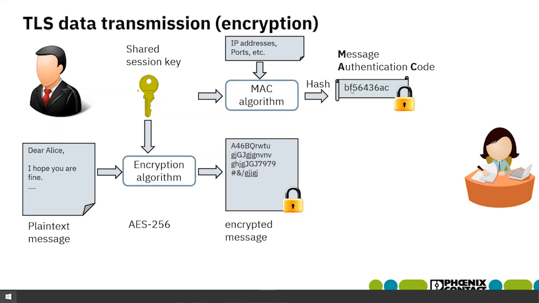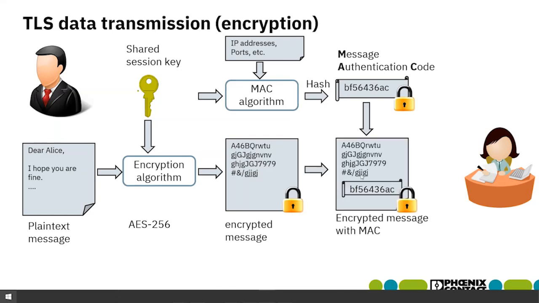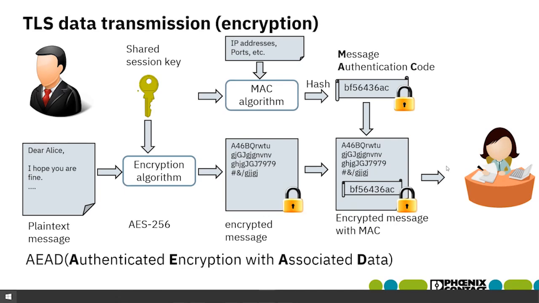So the encrypted message and the MAC are put together in a message, and this is sent over to Alice. And now Alice receives this message, and now she can decrypt the data. So this procedure is also called authenticated encryption with associated data, AEAD.